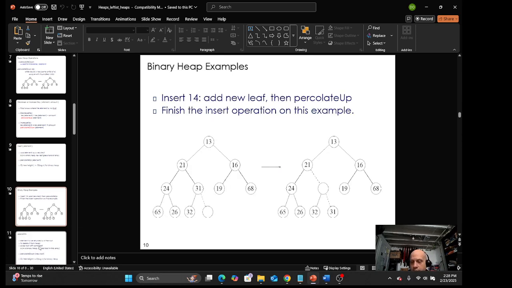So let's look at some examples here. If I look at the binary heap example, insert 14, I would add a new leaf, then percolate up, and you would finish the insert at the end of the example.